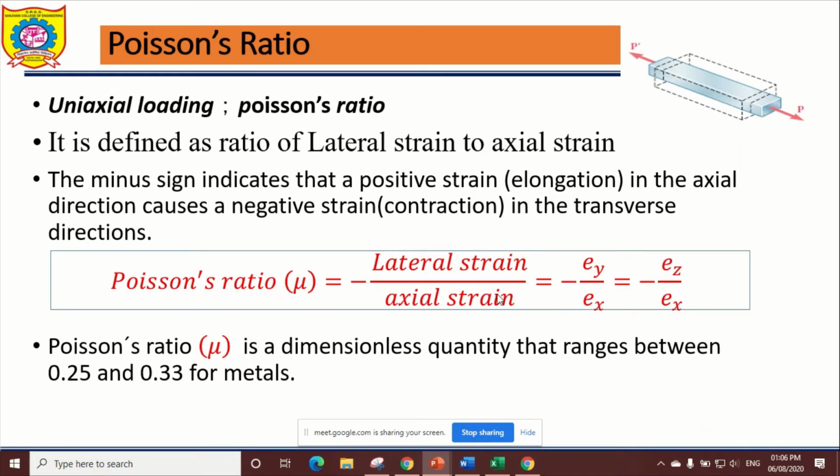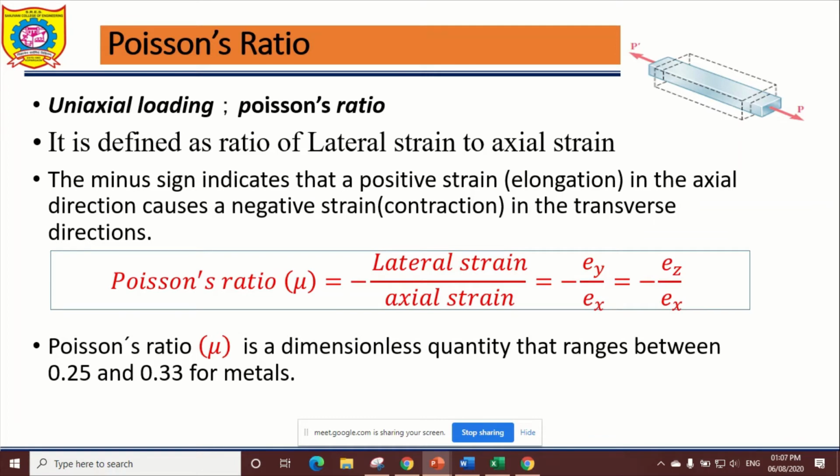In that, the axial strain value and the lateral strain value will be the same. That value we will see in the design data book. There we can find the values.